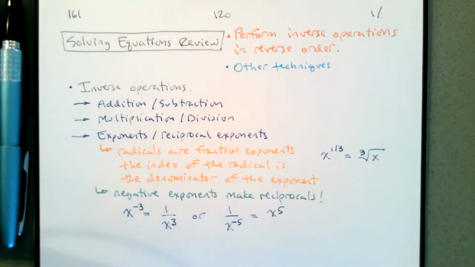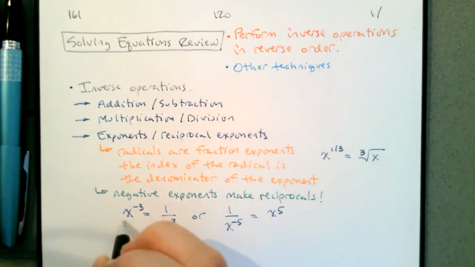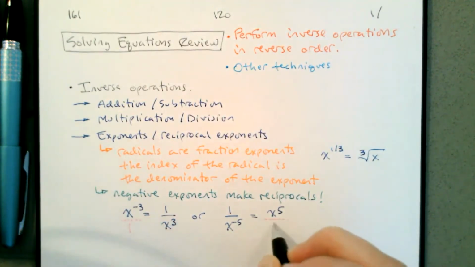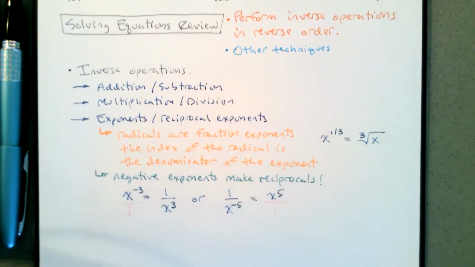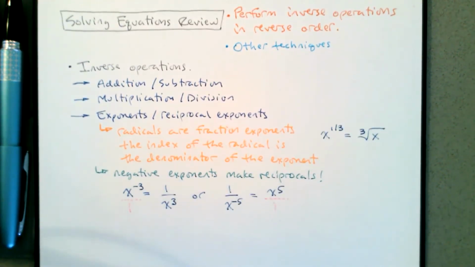A negative exponent in the denominator is a positive exponent in the numerator. Then we can imagine that this one is over 1, and this one we can imagine being over 1. So those are some things to remember with exponents.